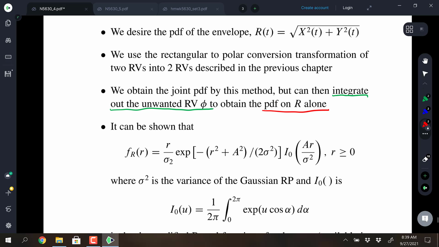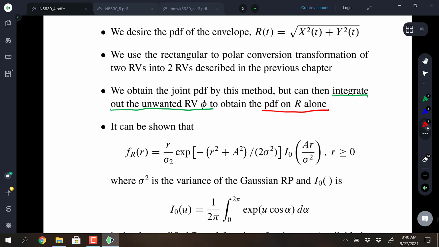And when you go through that math, the integration, that's an integral that you have to look up in a table. It will be an integral from 0 to 2 pi, right? That'll be the angle that you're integrating over. But when you integrate out that joint PDF with the substitutions to get the envelope, so this is the variable transformation stuff, you'll end up getting this Ricean PDF, as it's called.